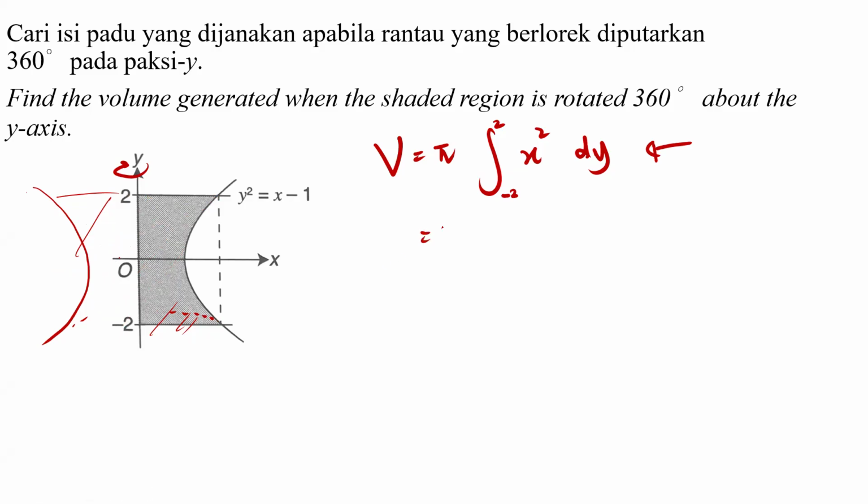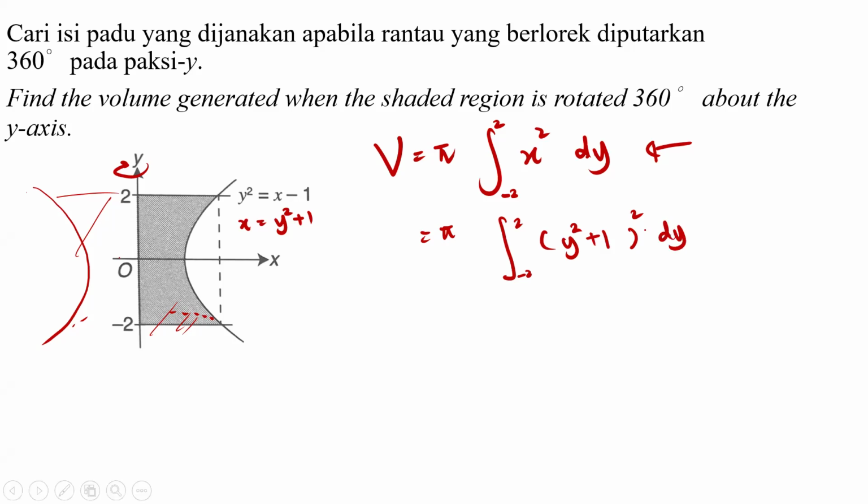What is my x squared? x must be your subject, so x equals y squared plus 1. From negative 2 to 2, my x squared, I only have x, so I substitute x with y squared plus 1, and the whole thing squared, dy.